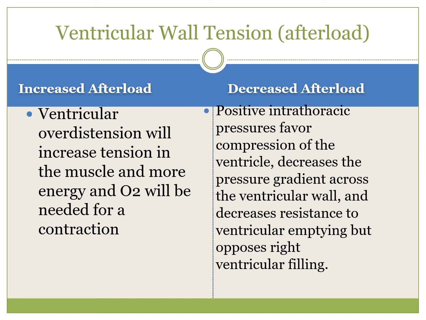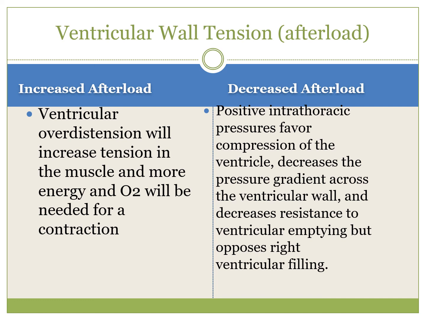Things that decrease the afterload: positive intrathoracic pressure favors the compression of the ventricle. So it decreases the pressure gradient across the ventricular wall and decreases resistance to ventricular emptying, but at the same time it opposes right ventricular filling.